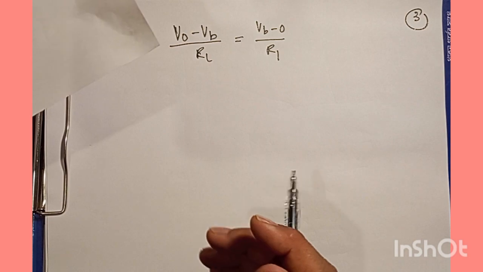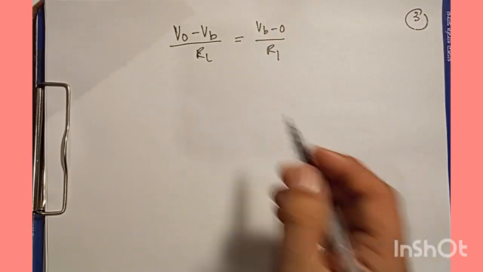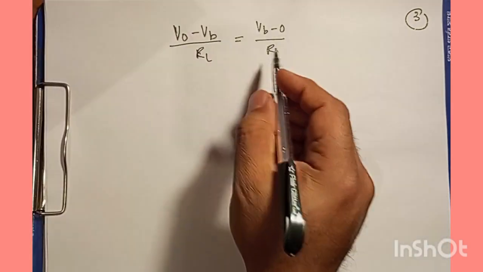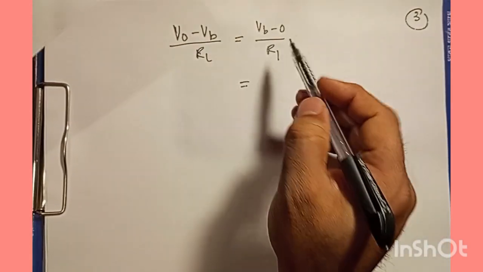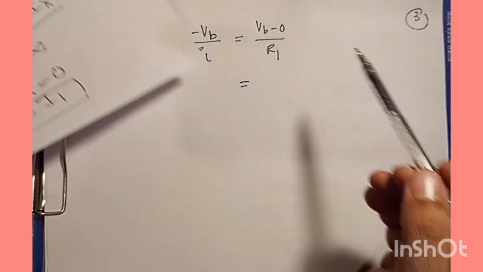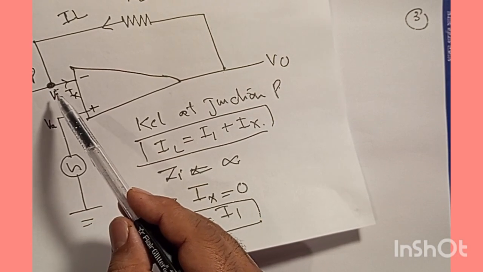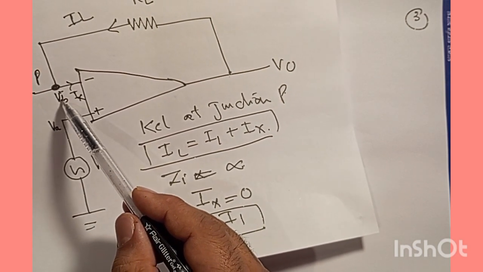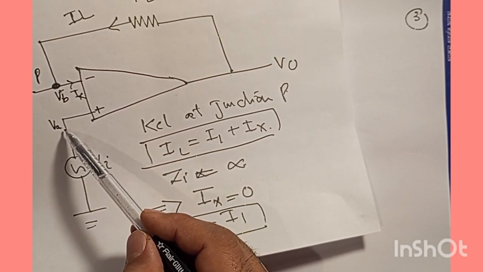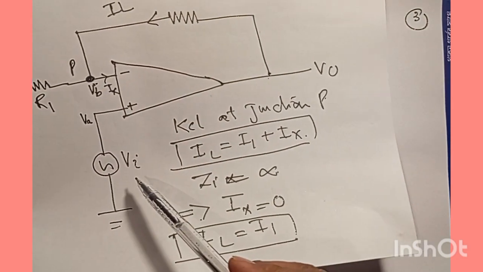All right. Now we can think of VB in this equation from this side. In terms of the virtual ground, this VB is equal to VA, and this VA is equal to Vi.